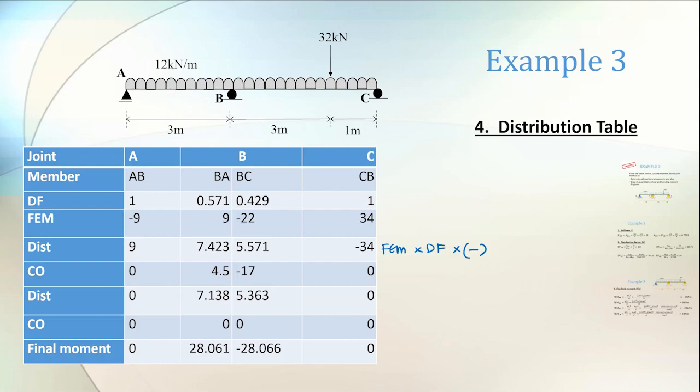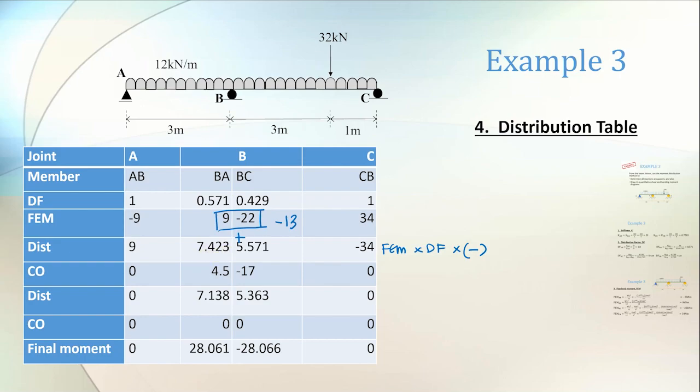For BA, you have to plus FEM together because it is at the same support. So 9 plus negative 22, negative 13. Negative 13, you have to times with the 0.571 for BA and times with negative. I get 7.423.